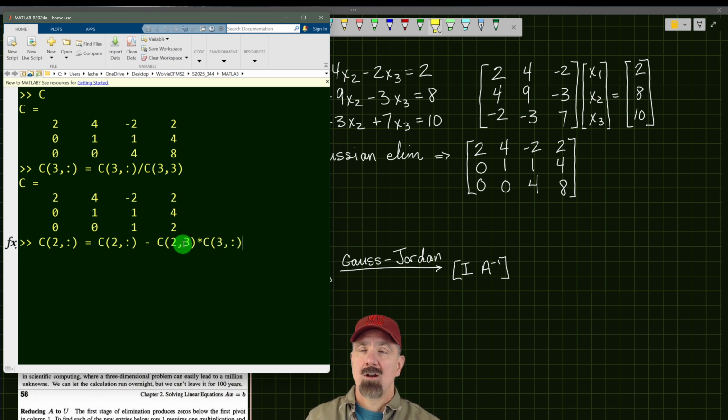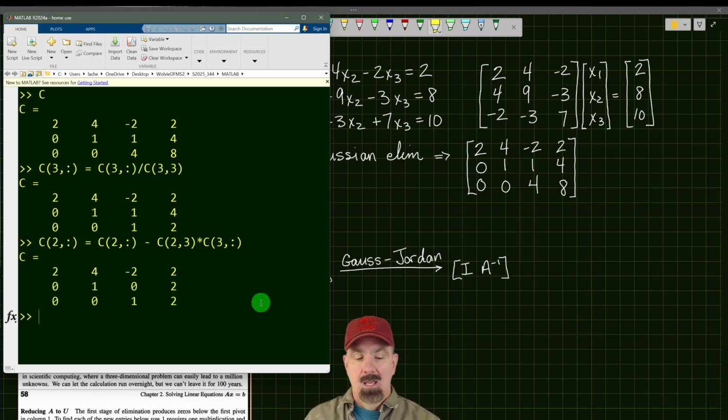So the multiplier here, which is really the elimination number that we're using, is the negative of whatever that value happens to be, because we have created a 1 down here in the pivot. When we hit that, we can see that's exactly what we have.